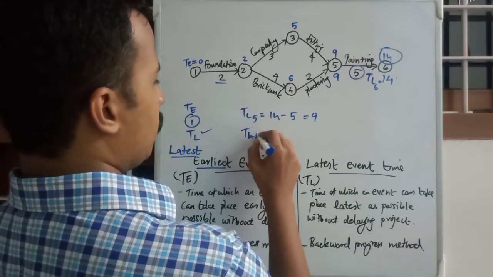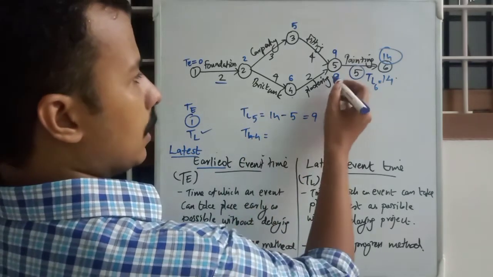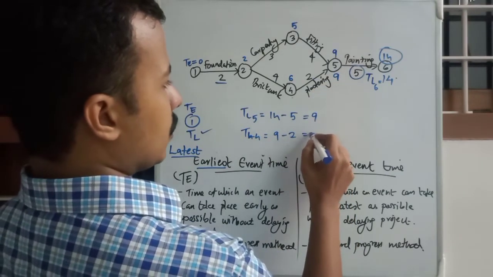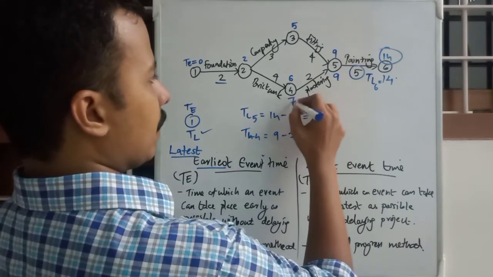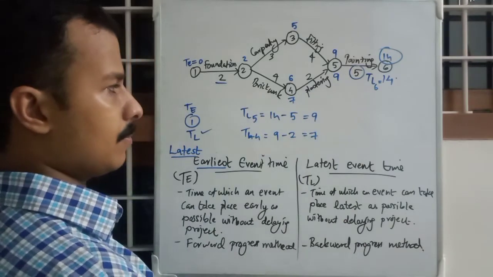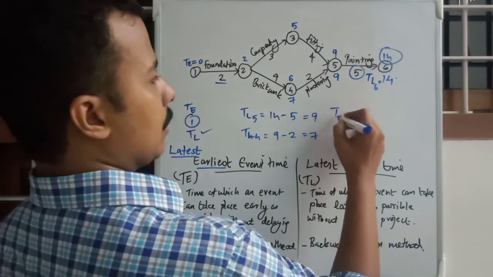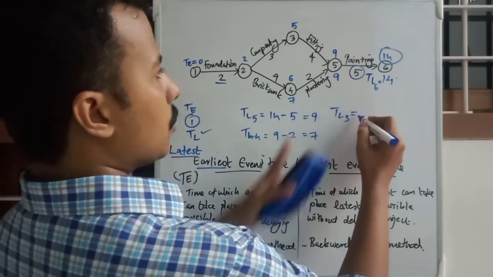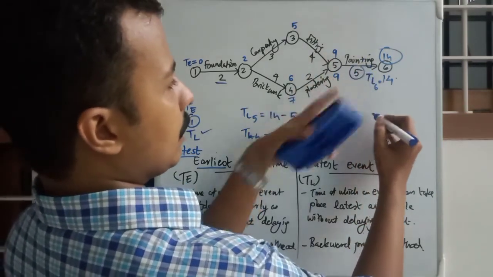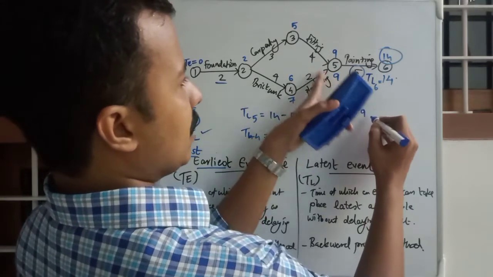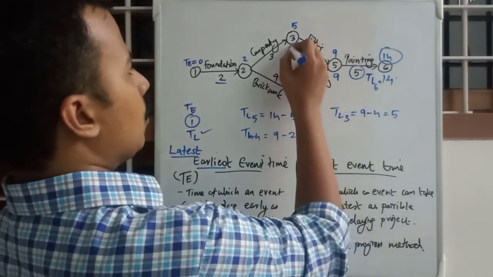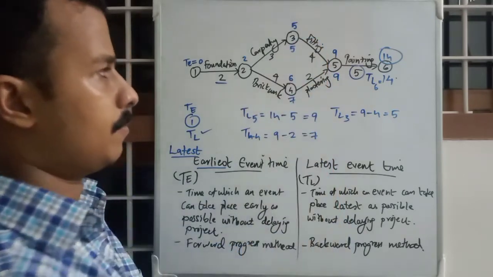TL of 4 will be equal to 9 minus 2, that is 7. TL of 3 is equal to, again, 9 minus 4, that is equal to 5.